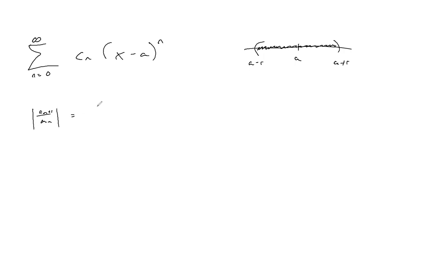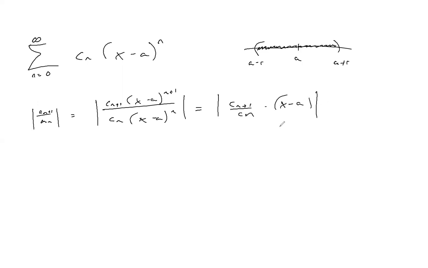So let's see, that would be, simplifying this, I would get Cn plus 1 over Cn times this, right?